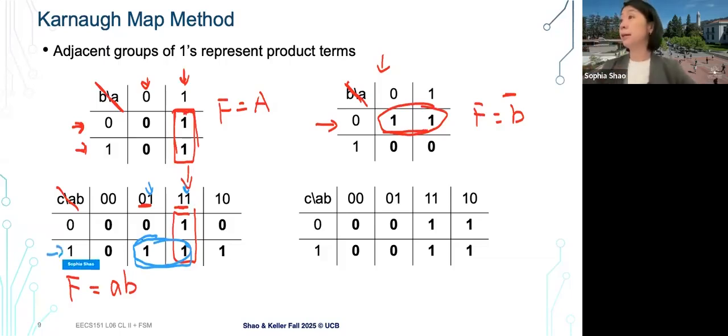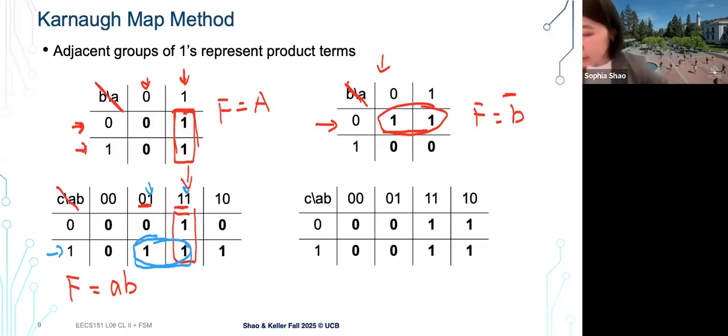C is always 1 here. The only thing different is A. We have both A is 0 and A is 1. It doesn't matter what the value of A is. This is always true, so it's only dependent on B and C. That's how we get the second term.